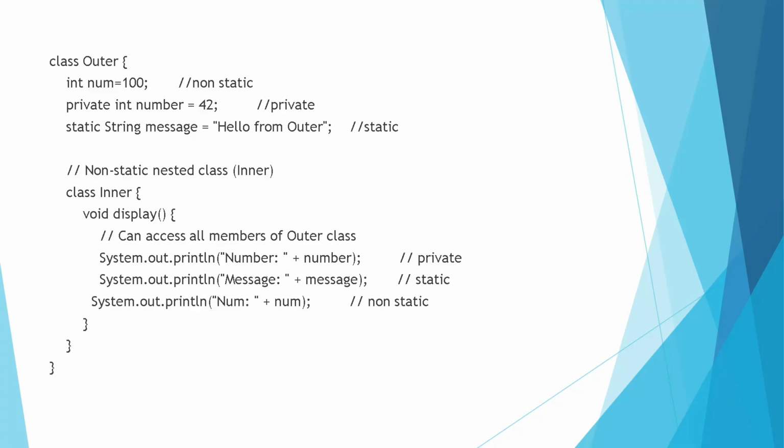A feature of non-static nested class is that it can access the non-static data, private data as well as static data. So we'll see this by using the example. Now inside this inner class, the display method is used to print the values of the number variable, message and num variable, which are private, static or non-static data.